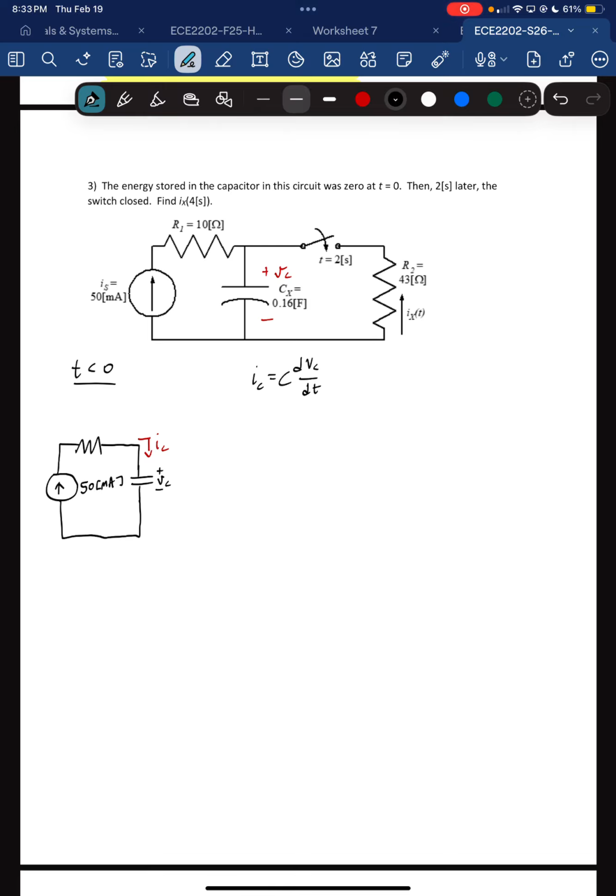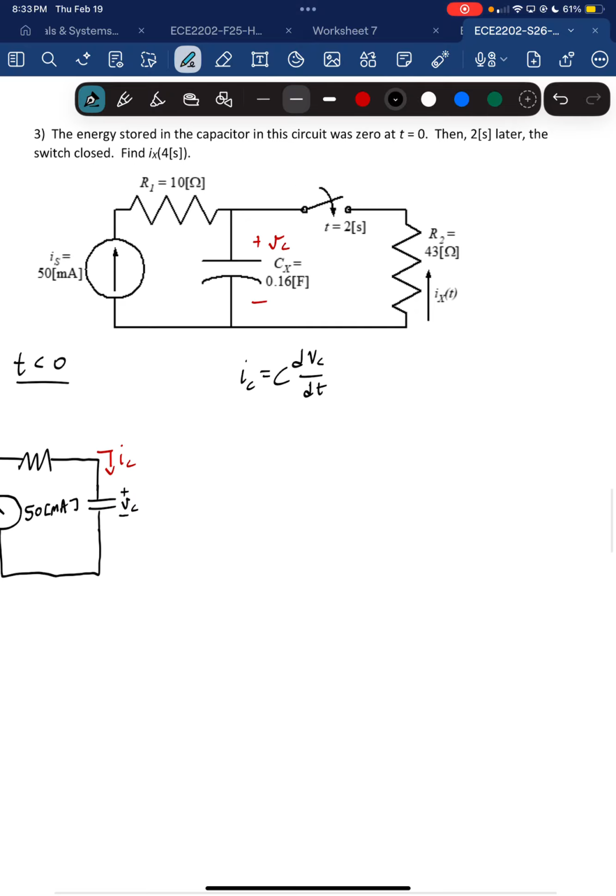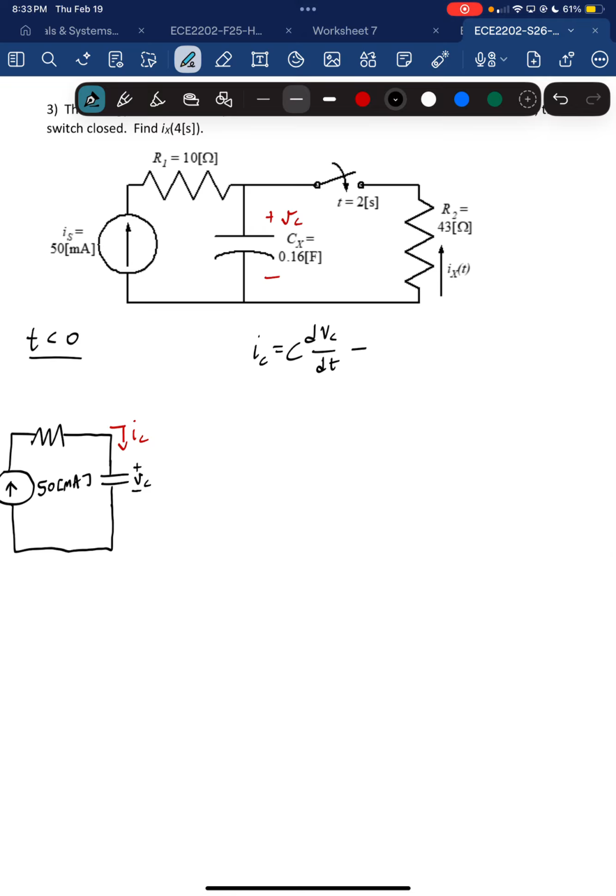Okay, now what we're looking for is VC of t, which means we have to solve for VC. And so in order to do that, we have to rearrange things. dVC is equal to IC over C dt.